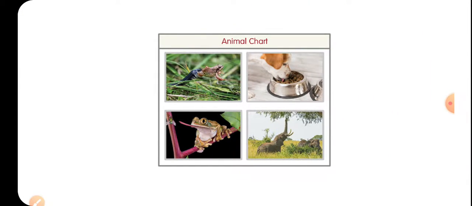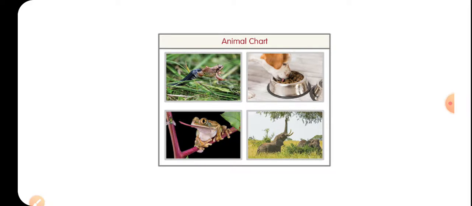In picture 2, you are able to see a dog taking its food with the help of its tongue. And in the third picture, you are able to see a frog trying to catch its prey, and an elephant trying to reach its food.